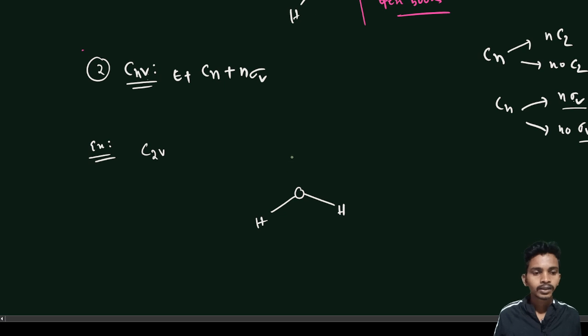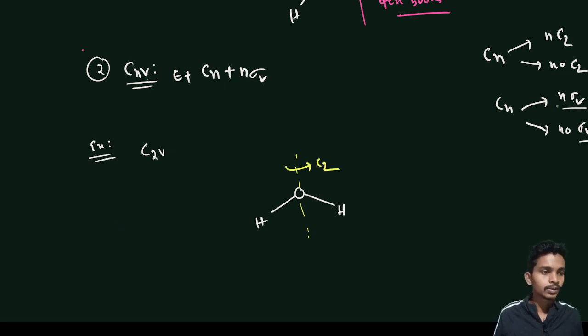So here, what things are present? Here C2 is present. If C2 is present, then n number of C2 should be present.